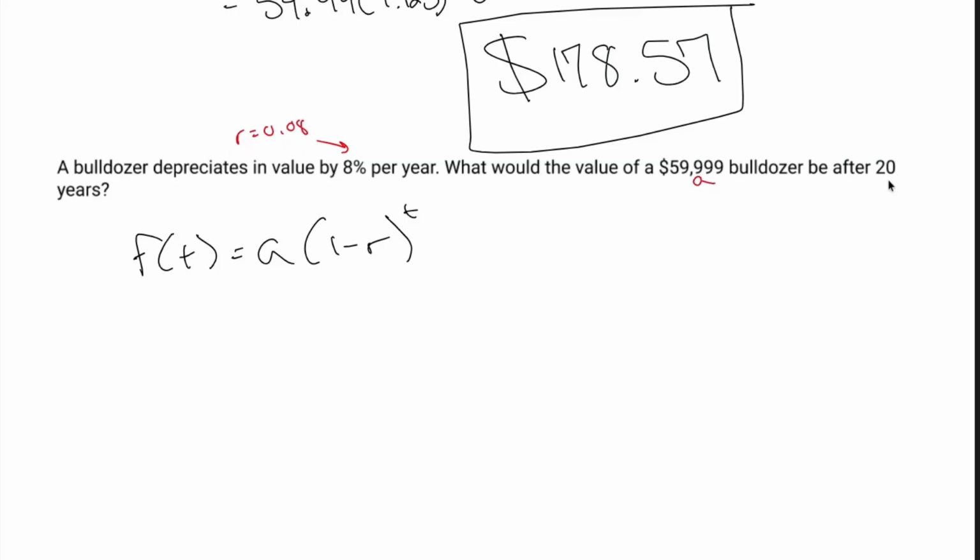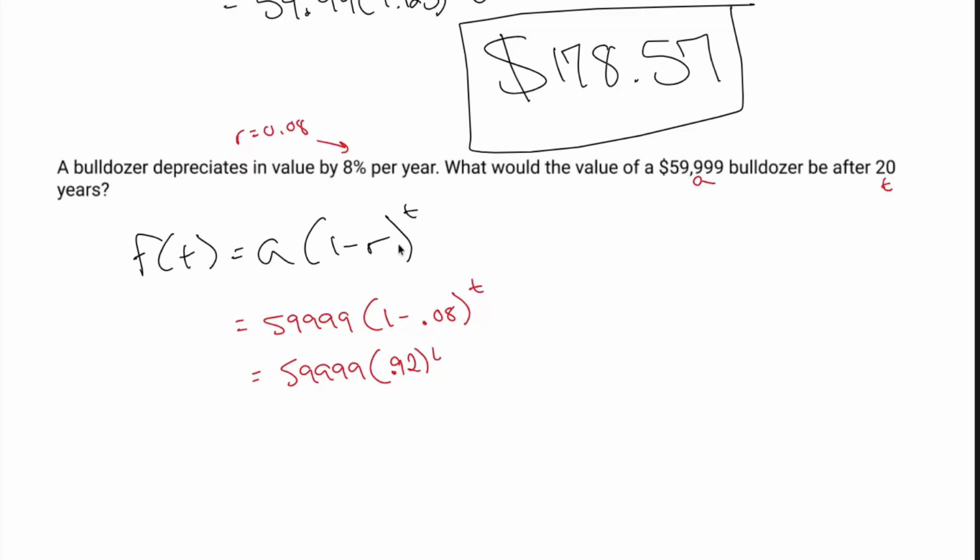You're going to be a, and you're going to be t. So that's going to be 59999 times 1 minus 0.08 to the t, 59999 times 0.92 to the, the t was 20.